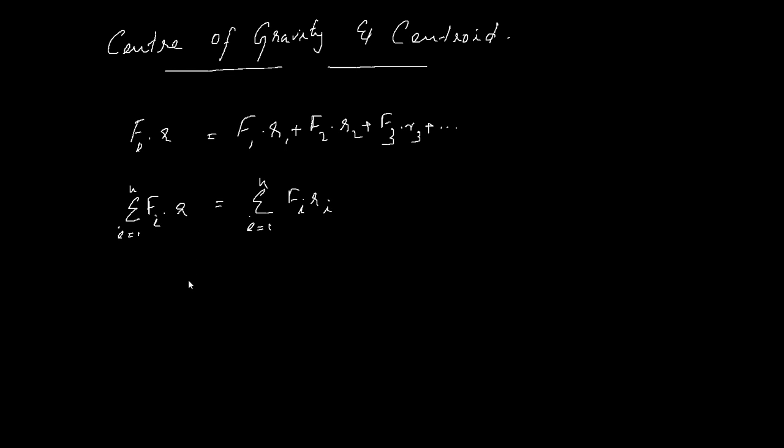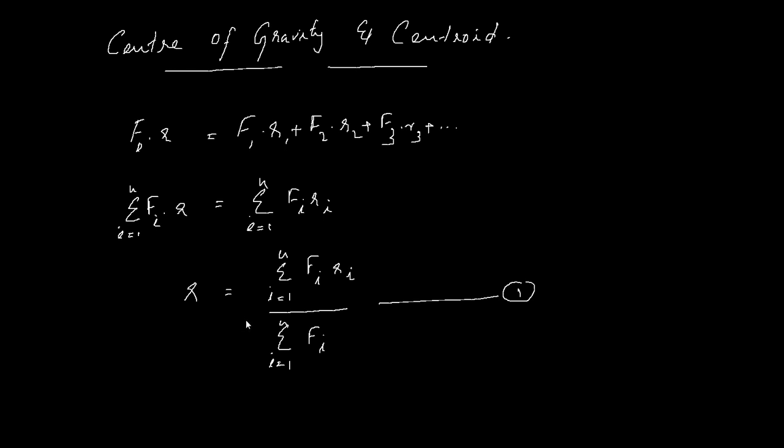Or you can rewrite again as R is equal to summation i equal to 1 to n Fi Ri over summation i equal to 1 to n Fi. Let's call this equation 1. So this is the equation for principle of moments.